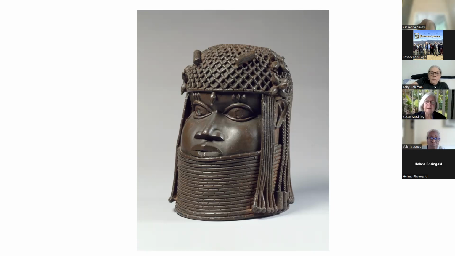It's cast in bronze. Does anyone know what the lost wax process is? Want to tell us? Okay, my recollection is they poured melted wax into a form of some kind, and then removed it, and I've forgotten how the bronze got on the outside. You're very close.